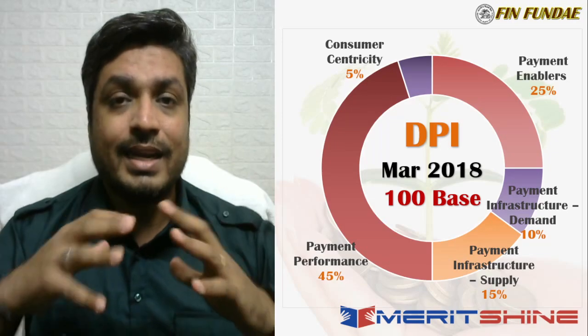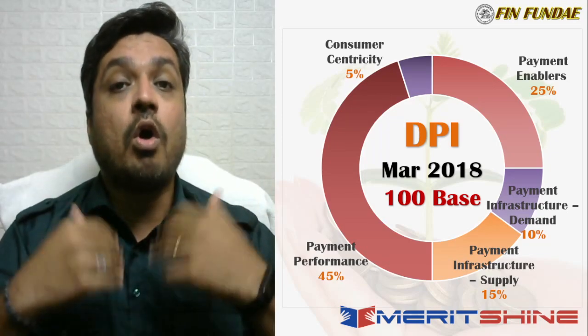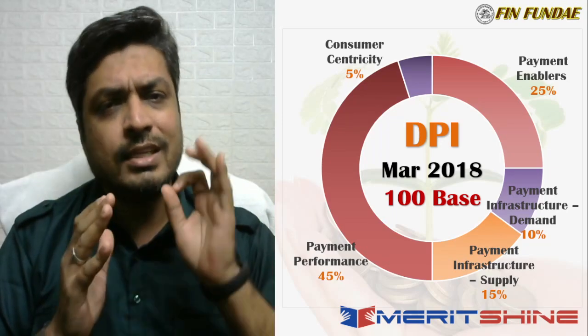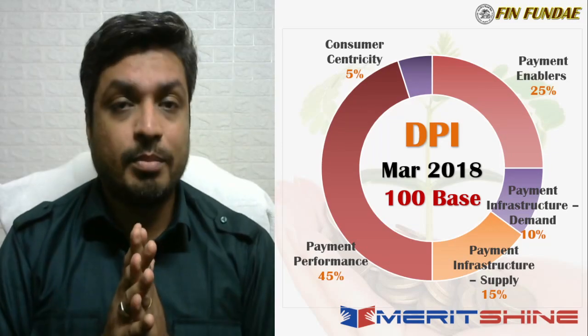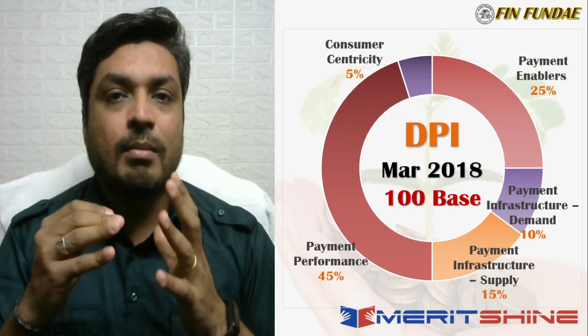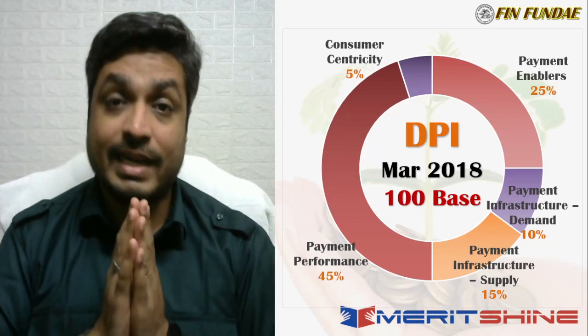So it tells us that India as a digital economy is still evolving and there is still a long way to go, wherein customer centricity though is important, but it is not as important as some of the other parameters, right? So that is in a nutshell about the different weights and the parameters that are involved as far as your digital payment index is concerned.